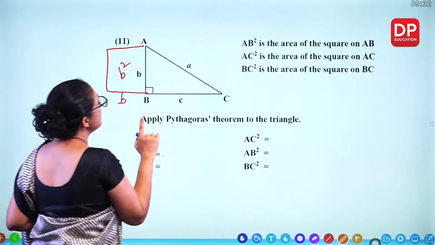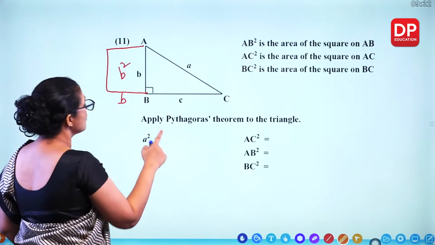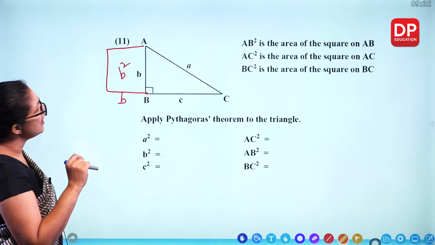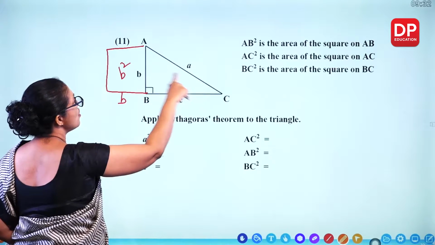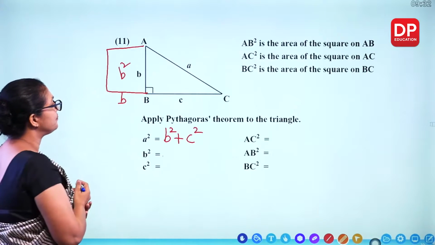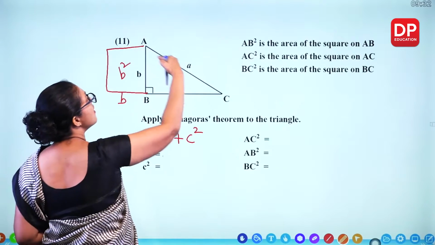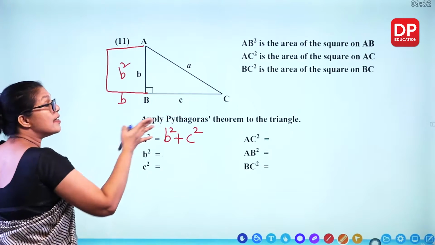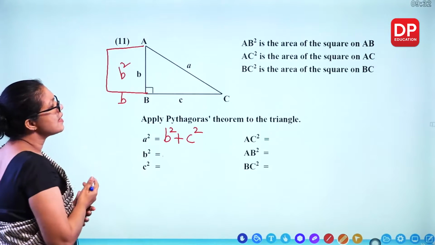BC squared is the area here, a into a. So apply Pythagoras theorem to the right angle triangle. What can you say? b squared is equal to a squared plus c squared. So always look at this one, this is the longest side. That's hypotenuse squared is the same as the sum of square terms of the other two sides.